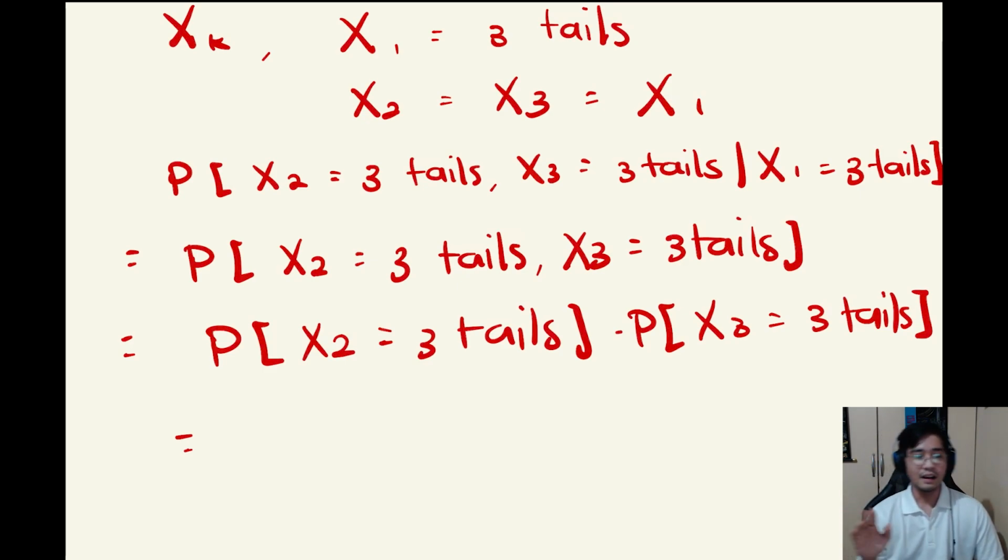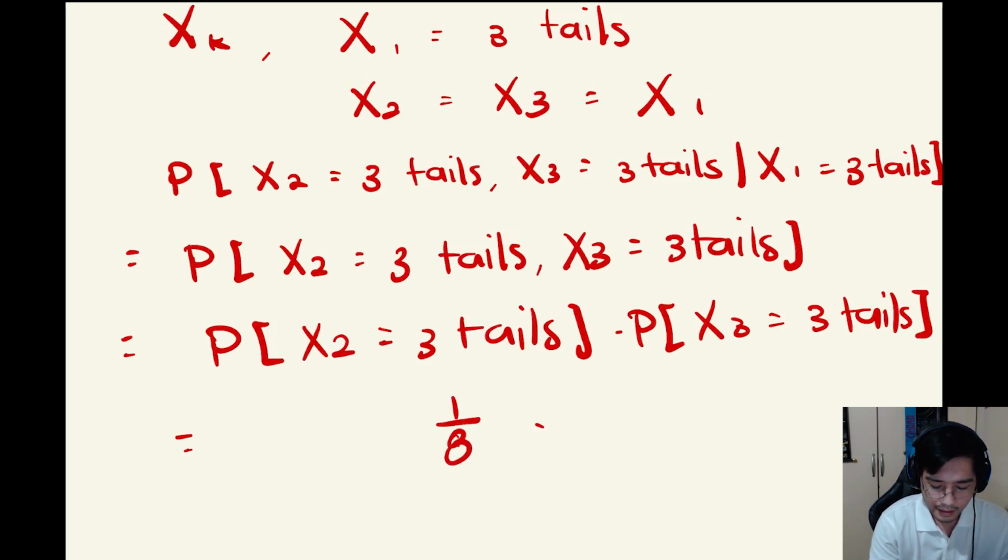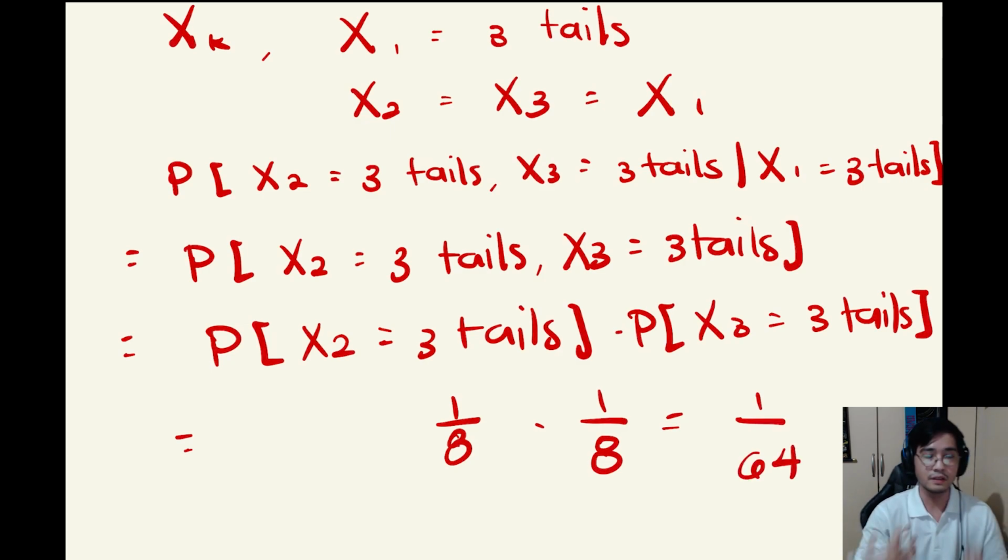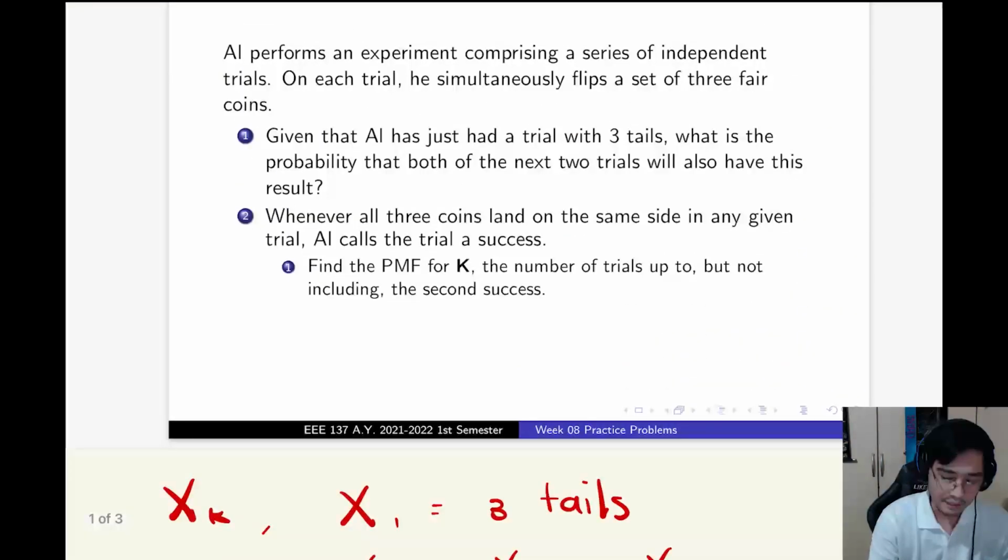And for us to have 3 tails, our desired number of outcomes is only 1. We have 3 tails. So the probability of this happening is 1/8. And the same thing here, this is also equal to 1/8. Therefore, our answer in number 1 is 1/64. How about item number 2?